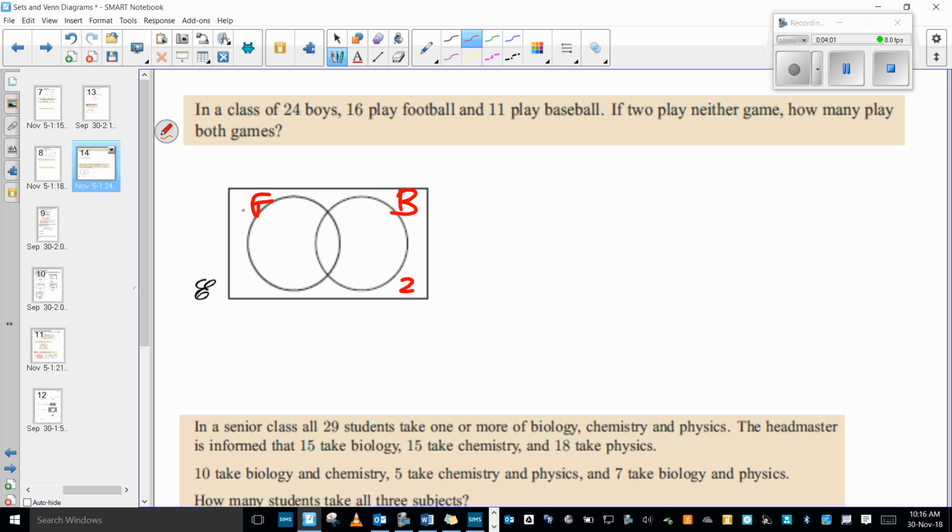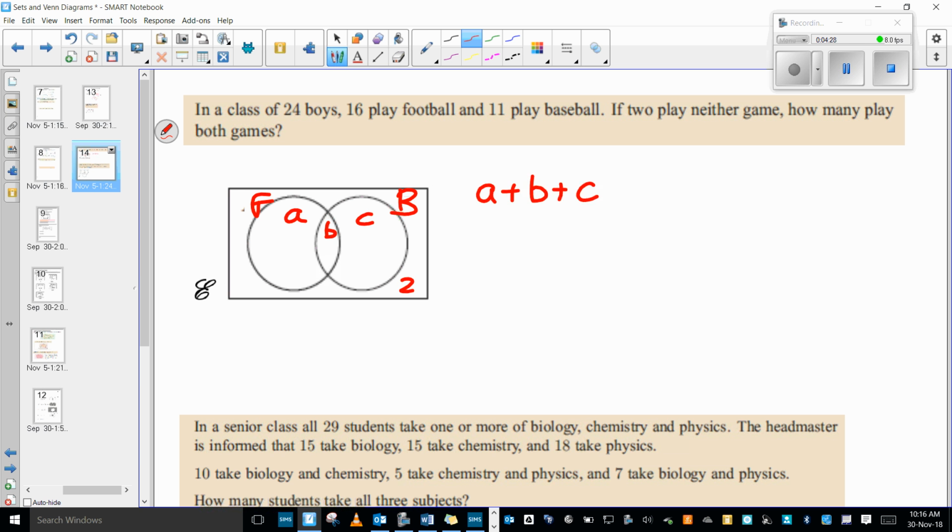Now we know that 16 play football and 11 play baseball, but what they haven't told us about is the intersection, because obviously that's the question they're asking us. But what we could do is say, okay, I'm going to label this A, this B, and this C. You all happy with that? And what can I say about A plus B plus C?